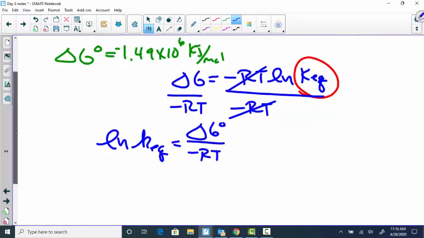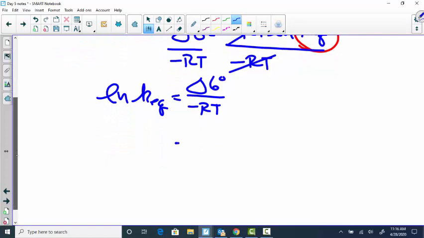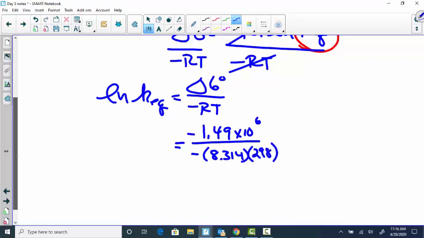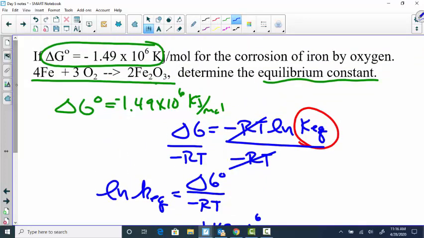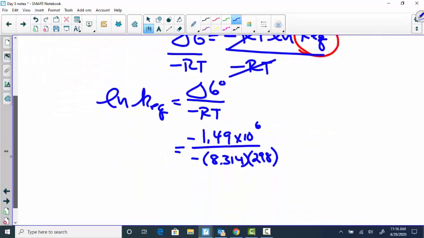And again, these are a lot of plug and chug. So I plug in my numbers and chug them out. Minus 1.49 times 10 to the 6 divided by minus 8.314 times 298. I don't know if I put that into the problem. Nope, I didn't. This should have been at 25 degrees Celsius. Otherwise you wouldn't have known that.